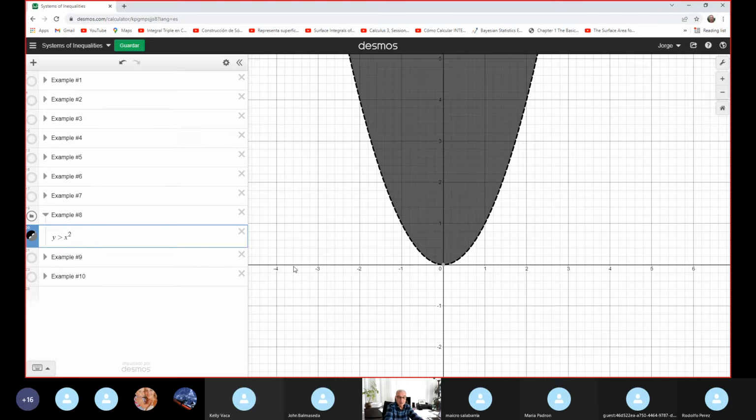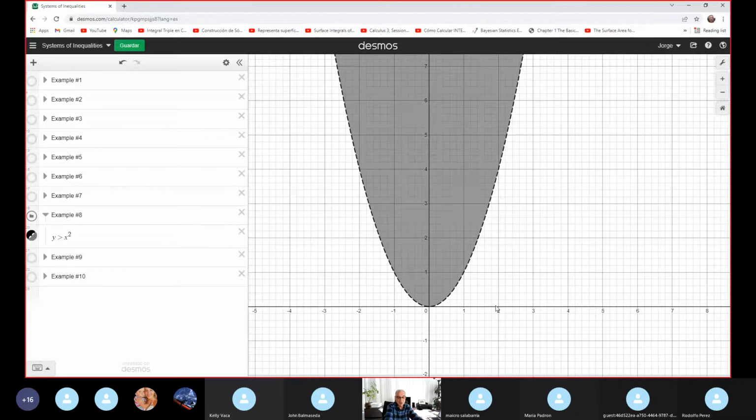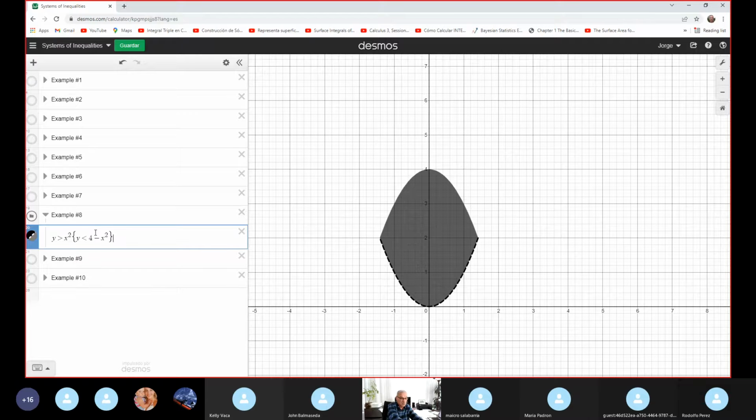The other parabola opens up, and the solution is above the parabola, greater than. However, they introduce another inequality, another parabola that opens down. So the solution is the points above the first and below the second.